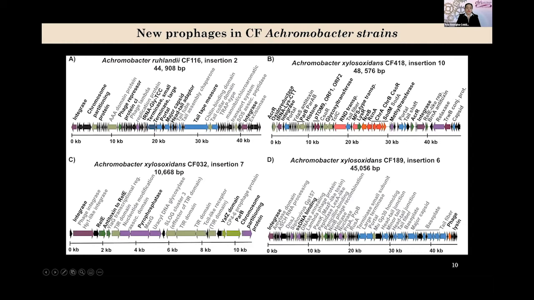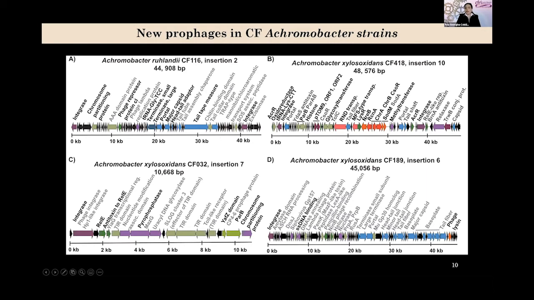But we also see some proteins that could be affecting the host. For example, this mannitol transporter system. So this mannitol transport system could be helping the bacteria to internalize the sugar mannitol.